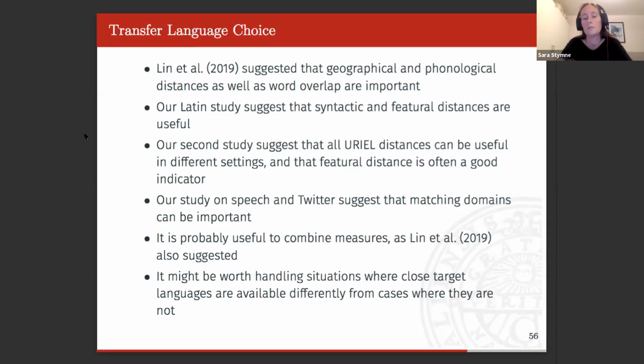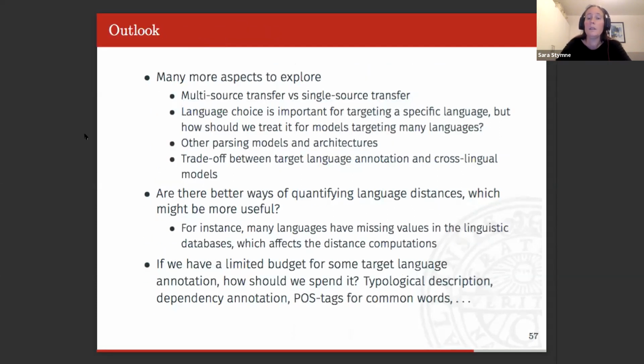And I think there's much more that can be explored in this space than we presented today. We could go more in depth in the aspects that we already studied, but there are also many more aspects to explore. So except for the last study, we didn't really look into multi-source transfer. We mainly looked at single source transfer, where we have a single transfer language. But what about the case where we want to transfer from multiple languages? How should we choose that?